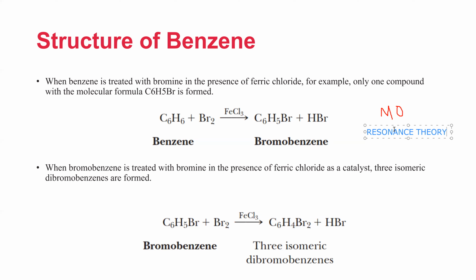So the benzene ring is not giving you the addition reaction. It rather prefers to go for the substitution reaction. So every time you want to attach any substituent to a benzene ring, there is a hydrogen on the benzene ring which has to be substituted, and there will be the placement of that species.